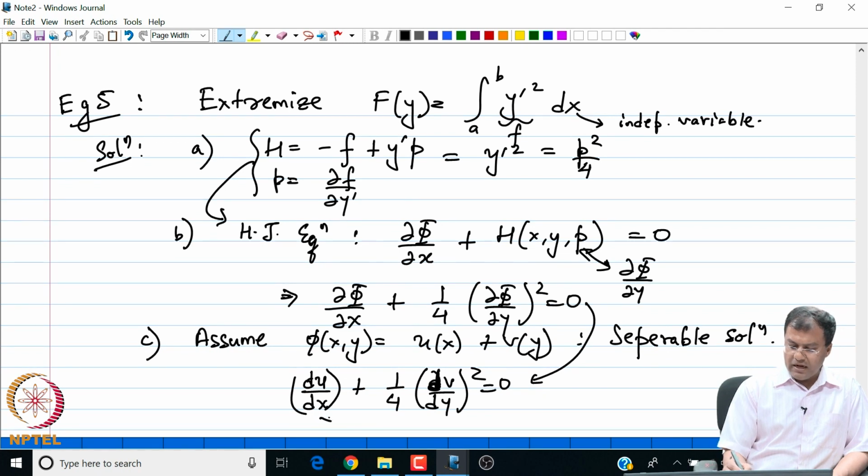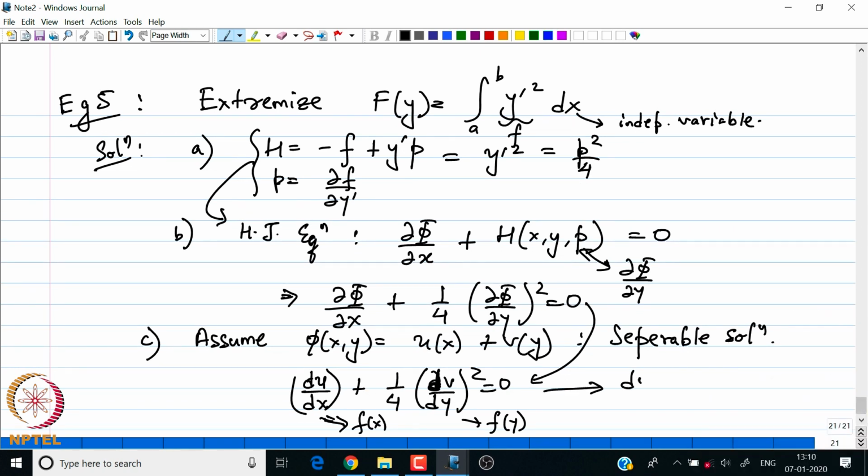Note that this is completely a function of x, and this is a function of y. So, let me first rewrite this: du dx is equal to minus 1/4 (dv dy) square. Now, one is a function of x and the other is a function of y, and that is only possible when both are constants, since they are equal to each other, right.